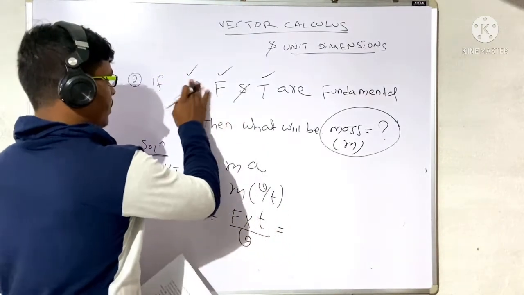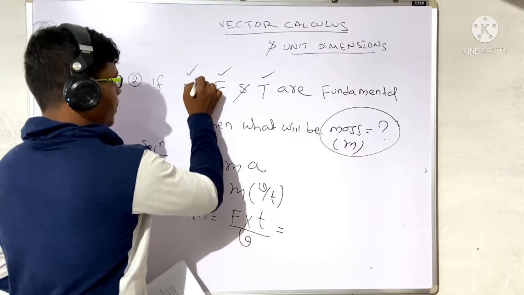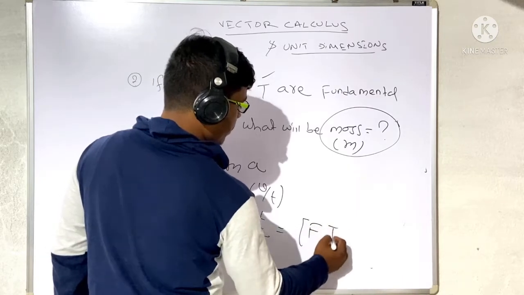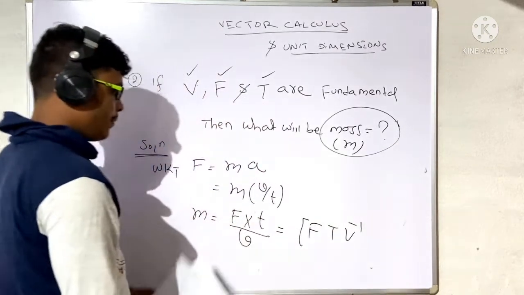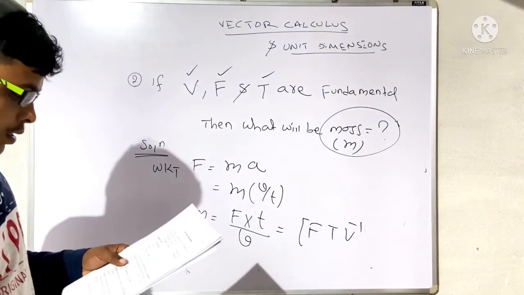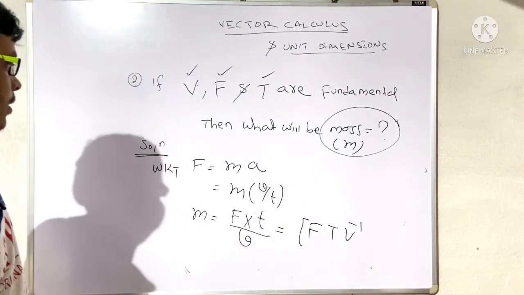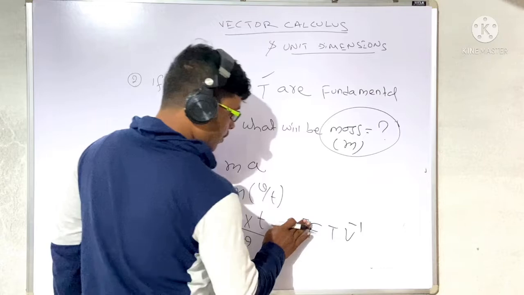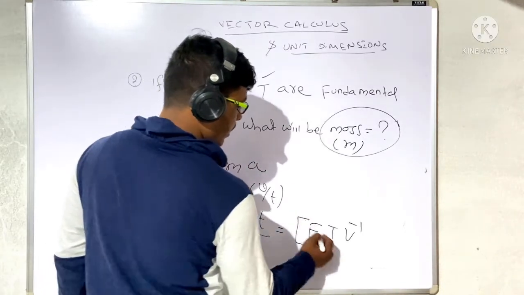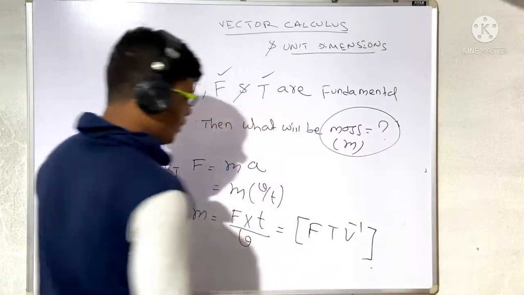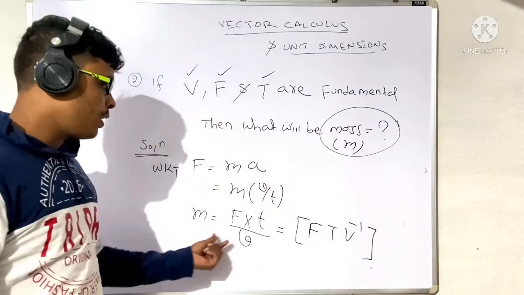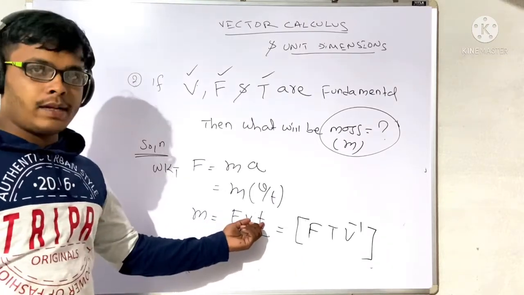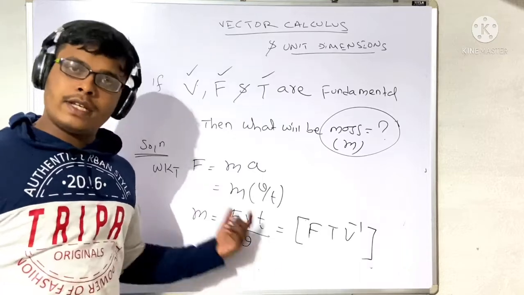So velocity is given in capital V. So that will be F T V inverse, and one constant he has given. So look at this relation. This is the answer, F T V minus 1. You just find out how the mass is related to force, velocity and time. So force and time are directly proportional and the velocity V is inversely proportional.